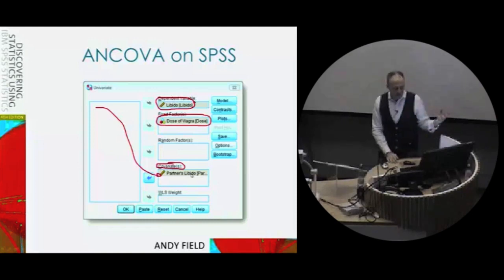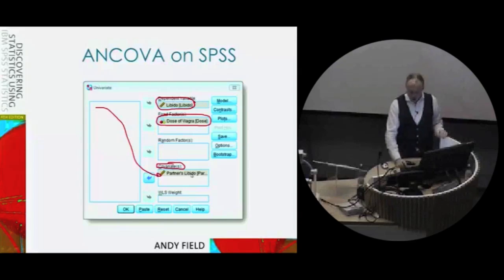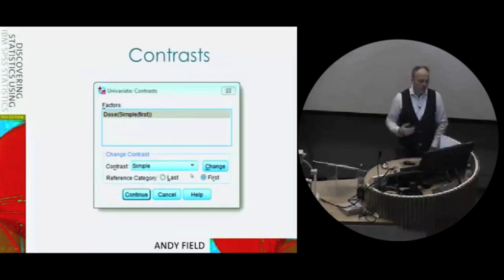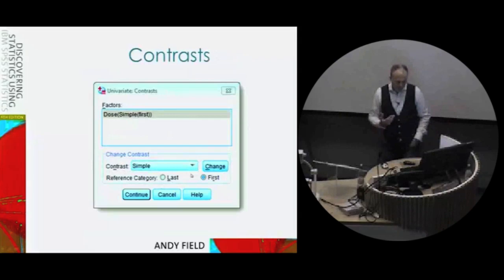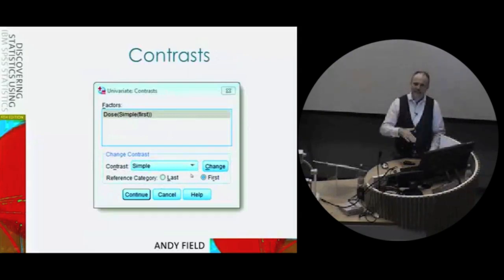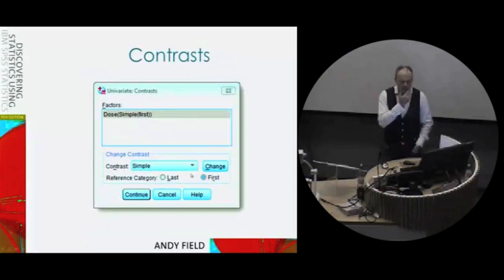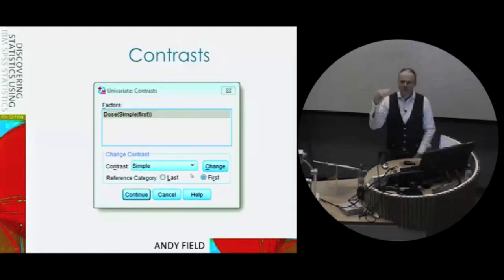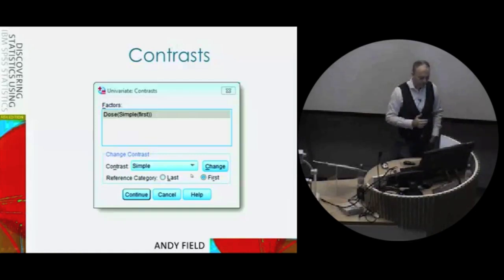Now, when we did one-way ANOVA the other week, we talked about planned contrasts. Now when you've got covariates, you can't do contrasts in quite the same way as you can for a one-way ANOVA. What you have to do is use one of a set of built-in contrasts that SPSS has. So you won't be able to do every type of contrast that you might want to do. You have to stick to certain predefined contrasts that are built in.